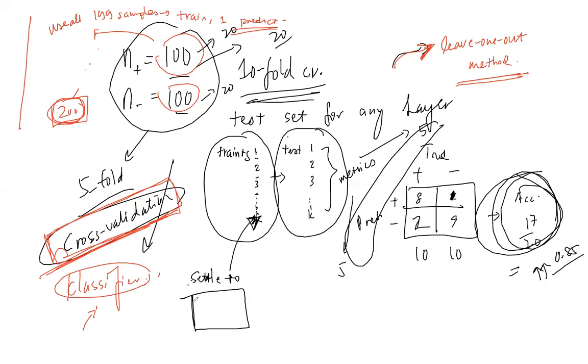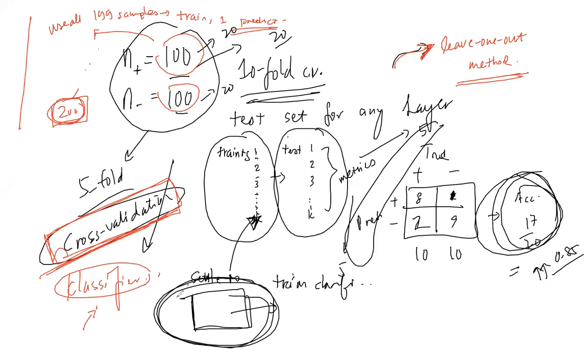After that, you will train your classifier with the entire data set, okay? And then for this, you have the future. The future is unseen, okay? So then you will have your faith in this model because you have already evaluated it using cross-validation, right? So you have some idea about its variability.